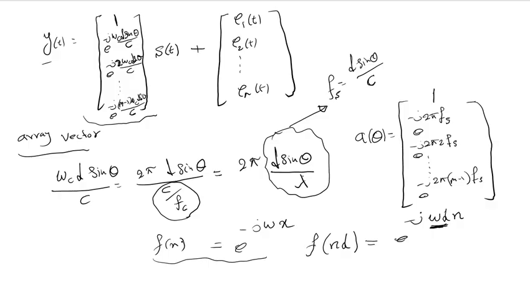So I have to write 2 pi d sine theta over lambda lower than pi, and we can consider d lower than lambda over 2 absolute value of sine theta.